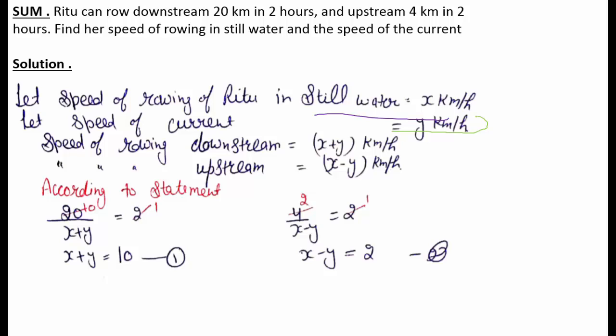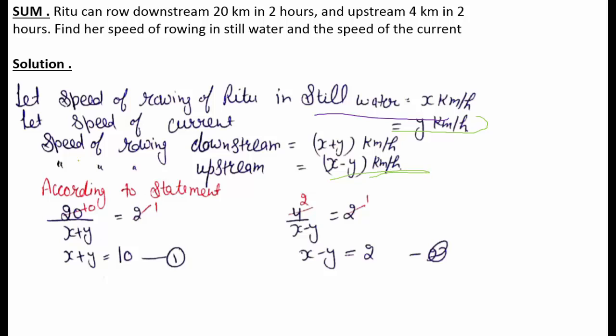First one is downstream and upstream. Now speed of rowing in downstream will be added. So x plus y kilometer per hour. Speed of rowing upstream will be x minus y kilometer per hour, because you know that speed of rowing of Ritu will be greater than the speed of current. So this will be x minus y kilometer per hour.